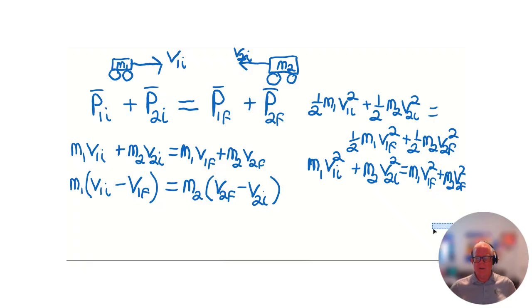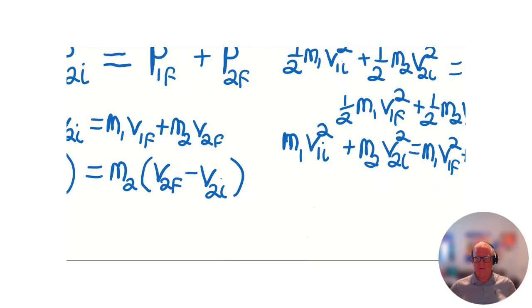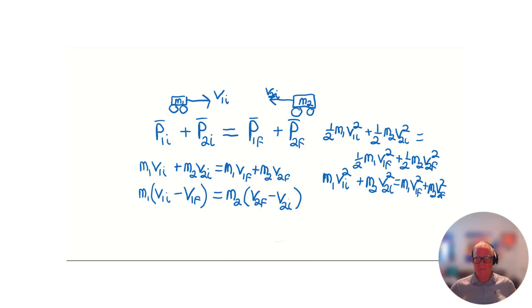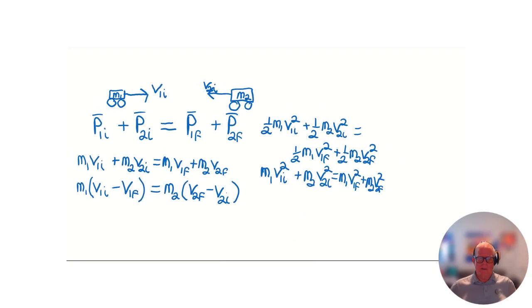And we'll do the same thing for this other equation over here. We're going to bring all the terms involving M1 over to one side of the equation, and the terms that involve M2 over to the right-hand side of the equation.